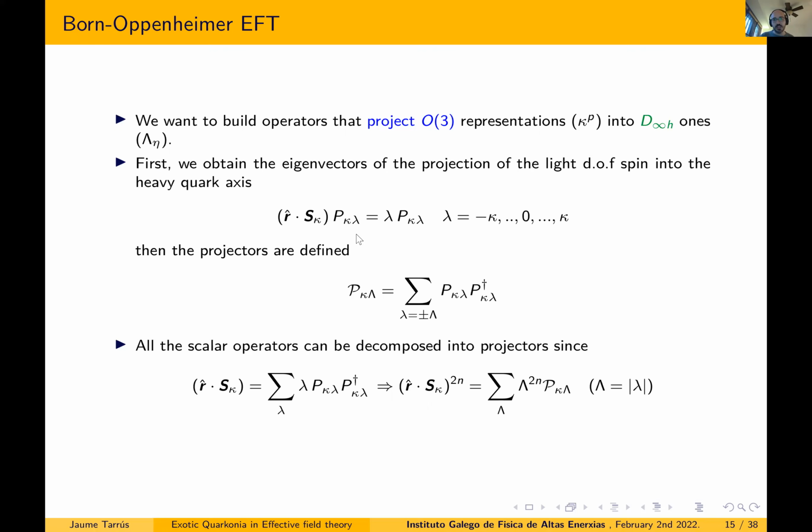Then from these projection vectors, one can define the projection matrices that we are interested in, which are defined like this. You can use this projector, acting onto an operator which lives in this spin representation kappa, to project it into a representation of this infinity-h labeled by capital lambda.